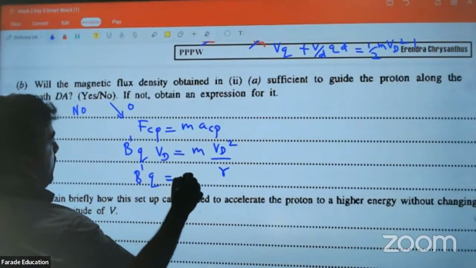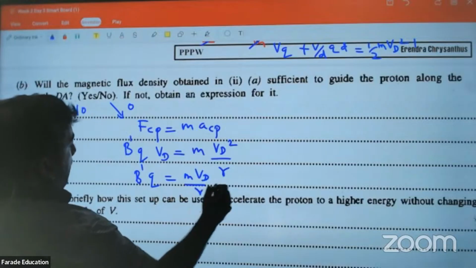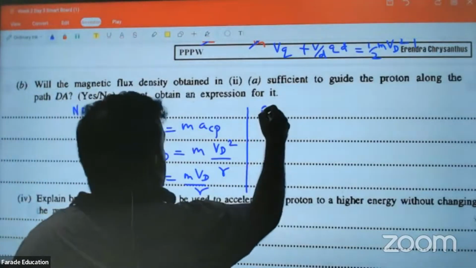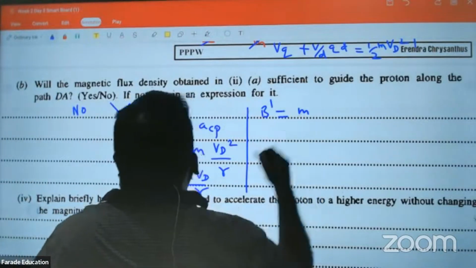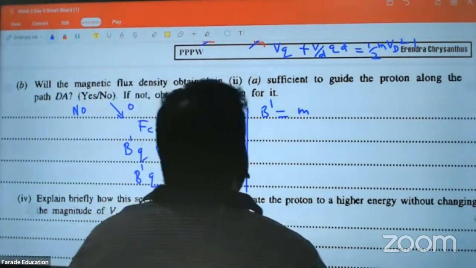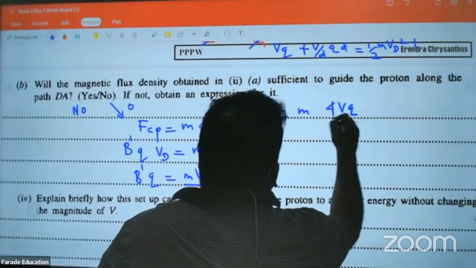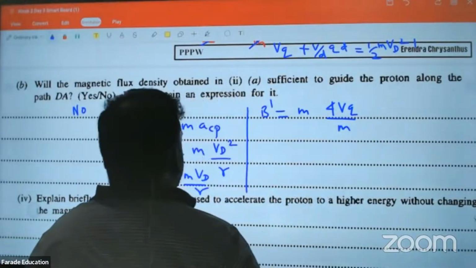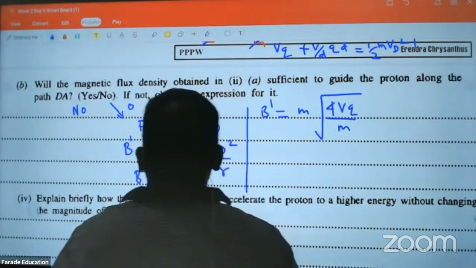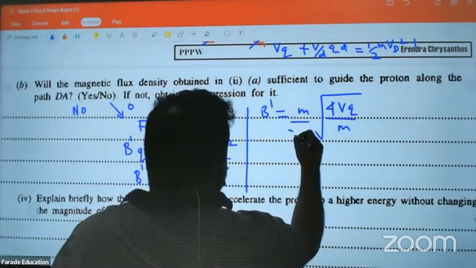B dash q equals m vd over r. What is the magnetic field? B dash equals m vd over rq. What is the velocity? The square root of 4VQ over m.